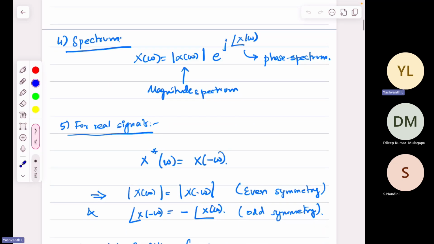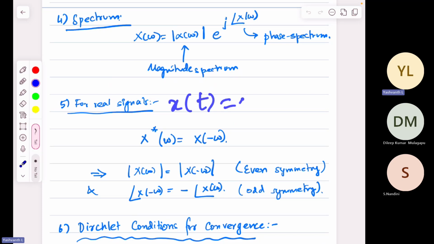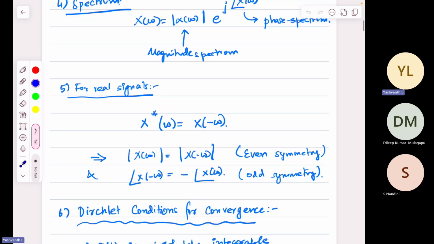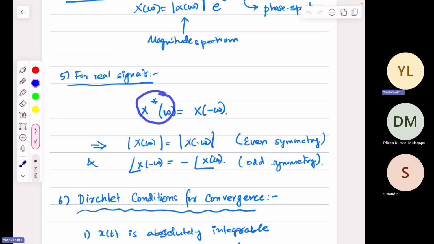Now for a real signal, that is x of t equal to x conjugate of t in the time domain, similar to Fourier series, for the Fourier transform also we have an equivalent property, that is x conjugate of omega equals x of minus omega.